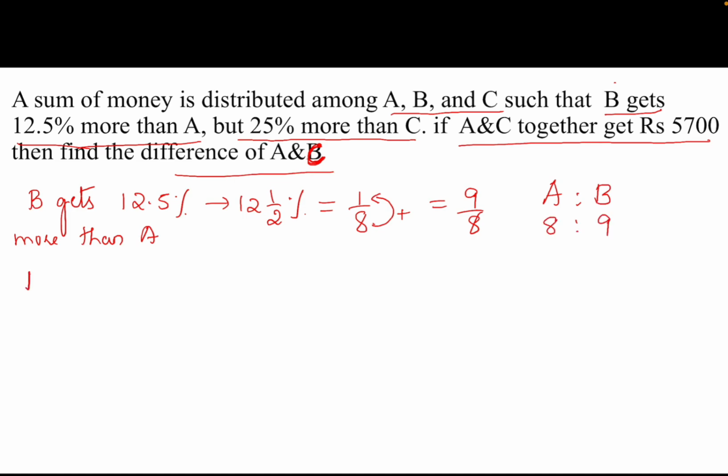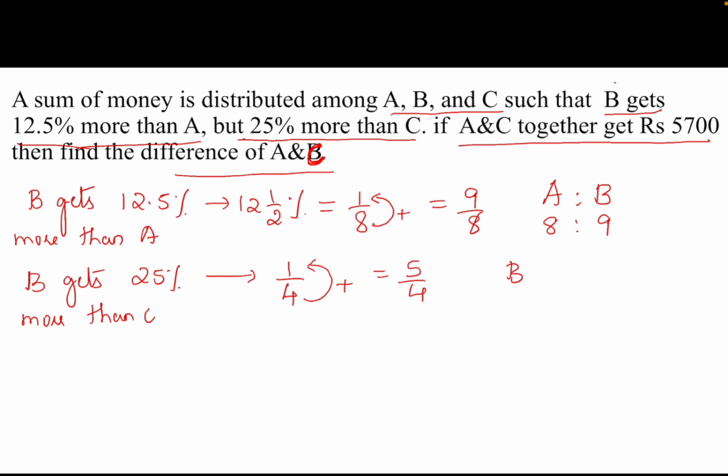Similarly, next data is B gets 25% more than C. 25% in fraction form, I can write as 1 by 4. That means if C is getting 4 parts, B will get 1 part more than C. So 4 plus 1 is 5 by 4.